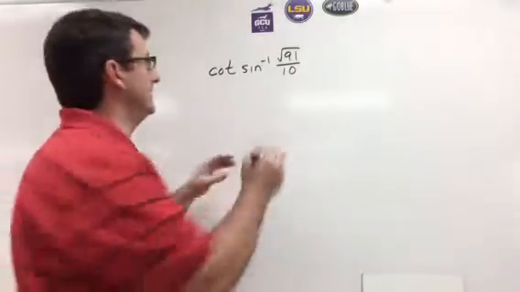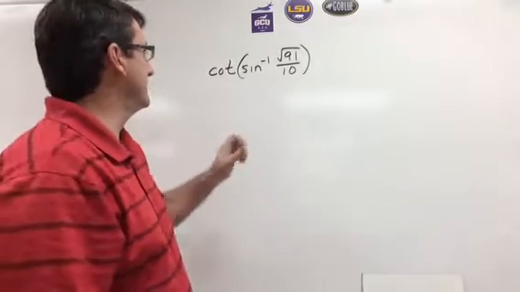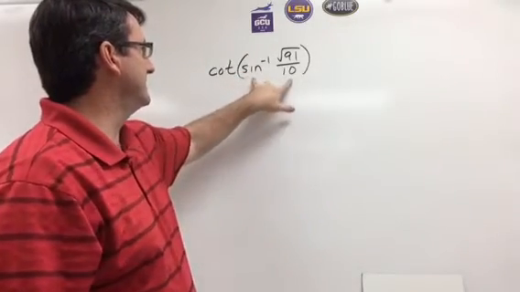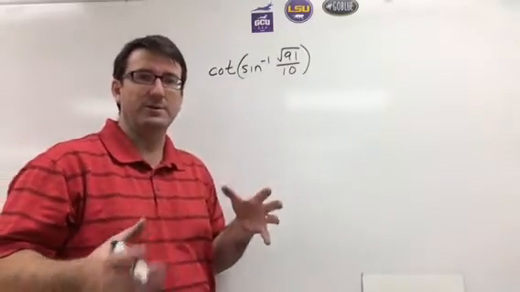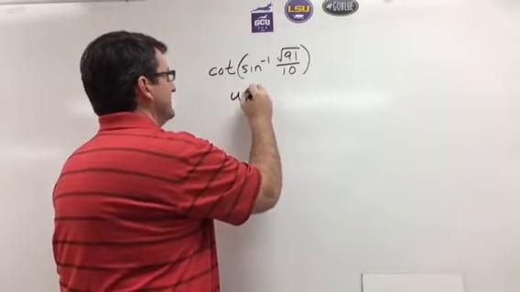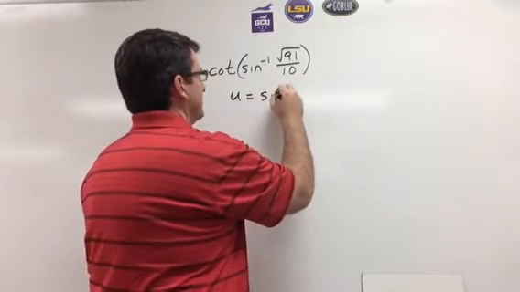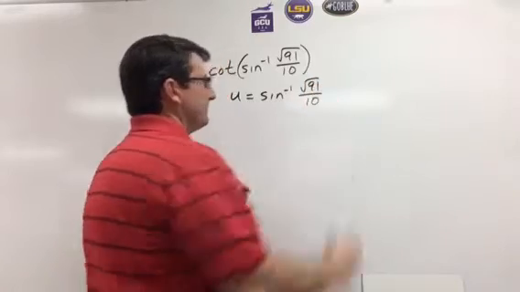The first thing we're going to do is take this piece of the expression inside the parentheses, the inverse sine, and set that equal to some other variable. We're going to use u. So u is equal to the inverse sine of the square root of 91 over 10.